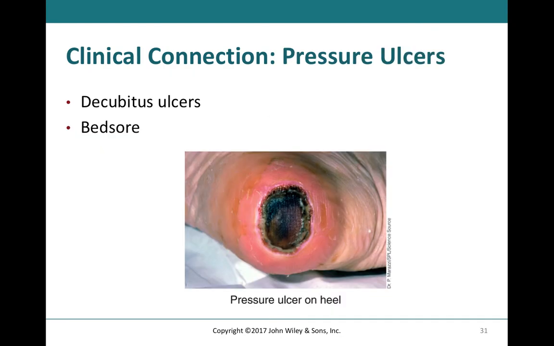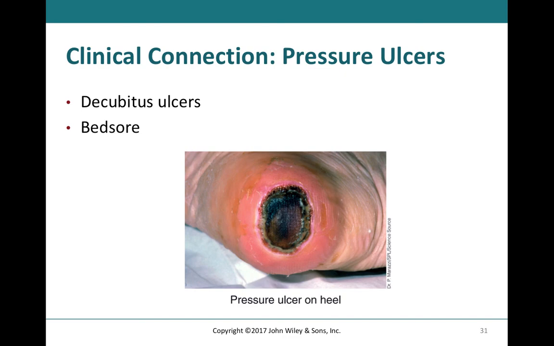And our last and final clinical connection concern is going to be pressure ulcers. These are also known as decubitus ulcers or bed sores. So they'll be caused by a constant deficiency of blood to the tissues.